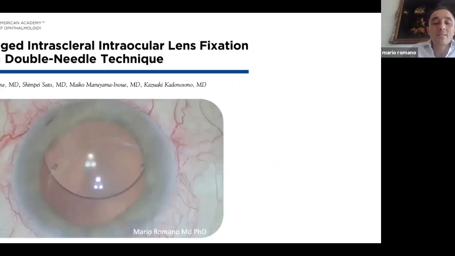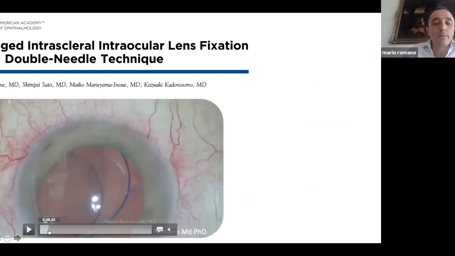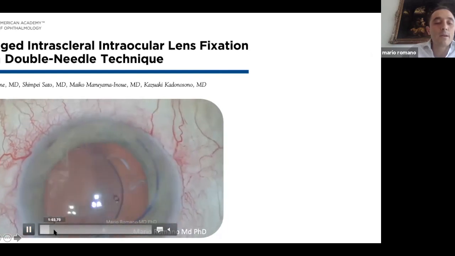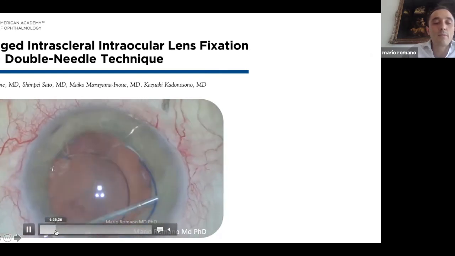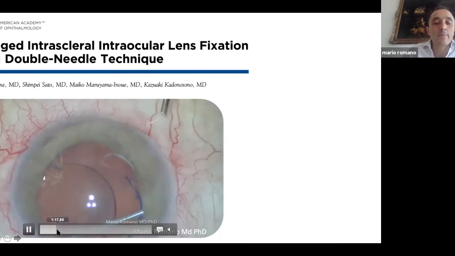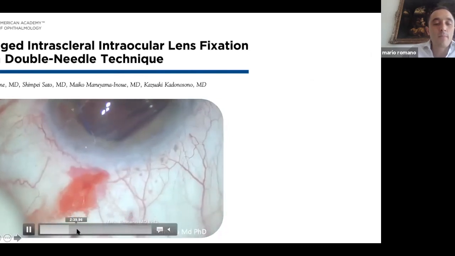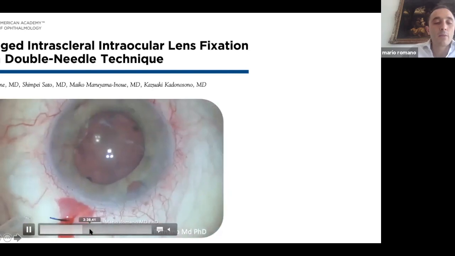This is a video where you can see that I was placing the intrascleral loop first, and then the second one. Then I was cauterizing both.